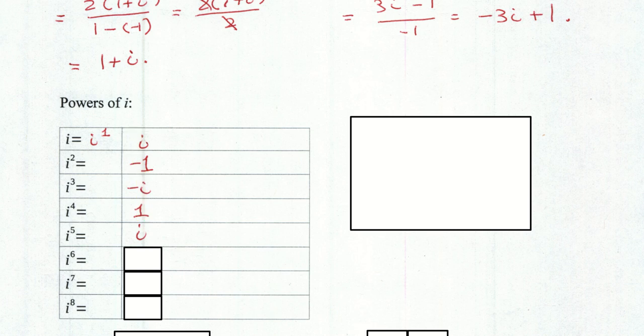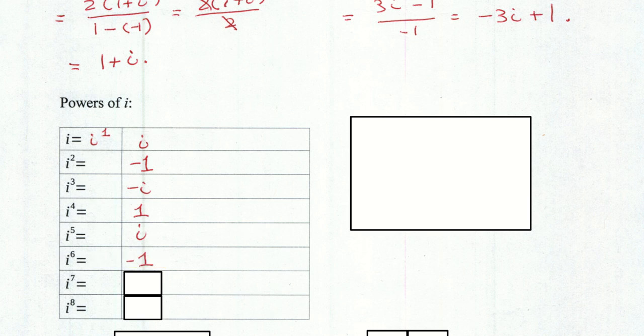Well, let's make sure that this works. Let's take the equation, i to the 5th equals i, and multiply both sides by i to figure out what i to the 6th is. So when we multiply both sides by i, we're multiplying i times i, and that's negative 1. Yep, that fits the pattern. And we're going to do the same thing again. Let's take this equation, i to the 6th equals negative 1, and multiply both sides by i.